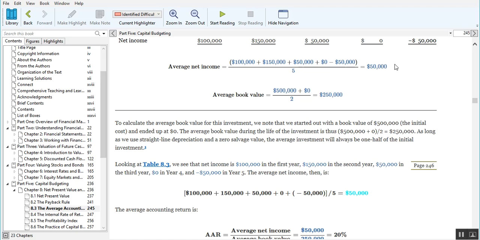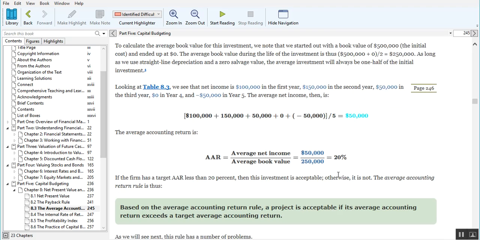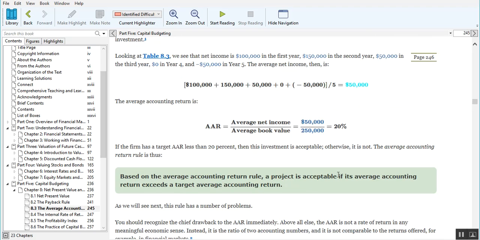We are going to calculate average net income and average book value. When we look at that, we have a 20% average accounting return. Now, if you have a target rate that's less than 20%, then you probably would go for this investment. Otherwise, it wouldn't be.